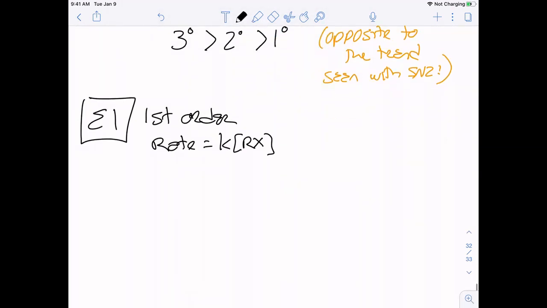So again, a quick reminder of our mechanism. I'm just using X for a generic halogen. So my leaving group leaves. We go through a carbocation intermediate. Because of that, watch for rearrangements.